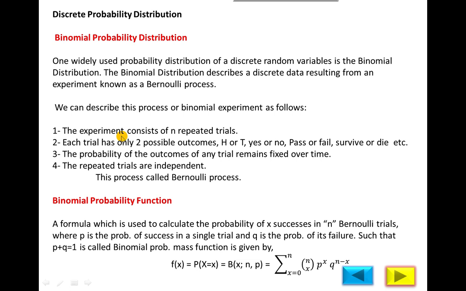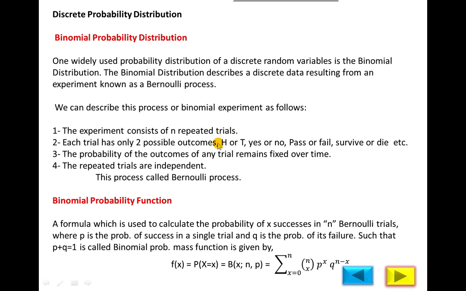If you throw a coin one time, the outcomes will be two, two times will be four, three times eight, and so on. You have done this in previous examples. Number two, each trial has only two possible outcomes, maybe head or tail, yes or no, pass or fail, survive or die, 0 or 1, etc.